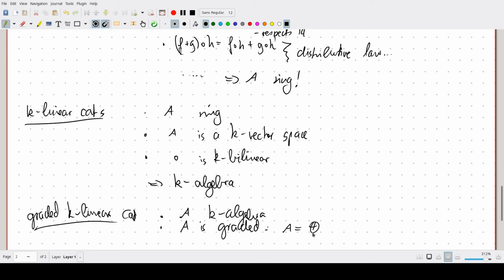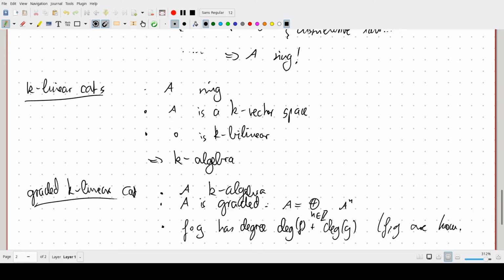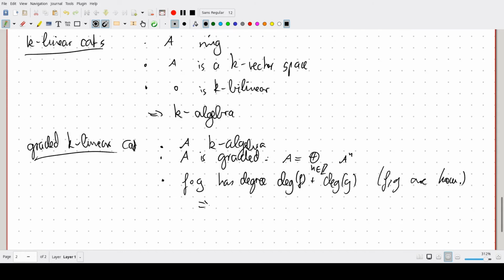Namely, A is the direct sum over all integers n of A_n, and we have that the composition is of degree 0, meaning that f composed with g has degree deg f plus deg g, where f and g are homogeneous, meaning that they are indeed contained in one of the A_n.